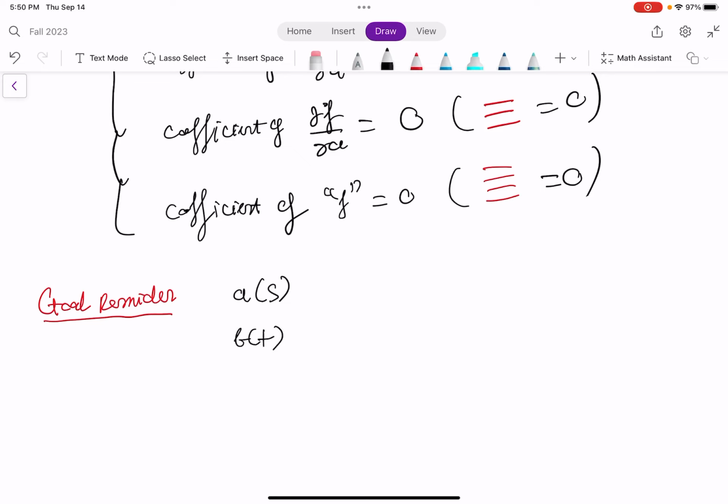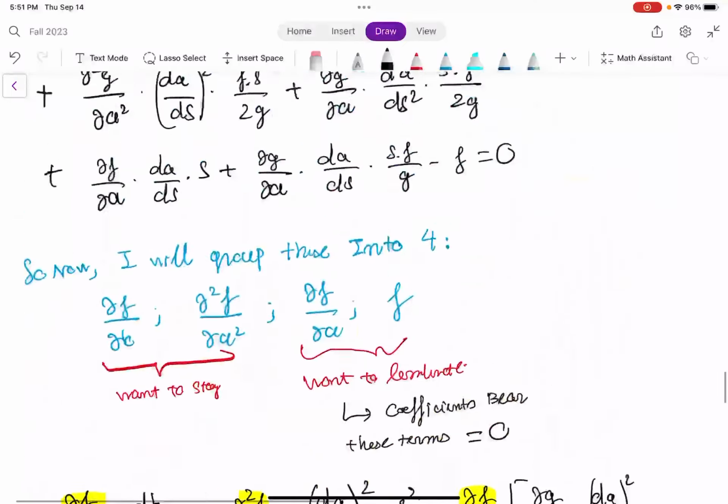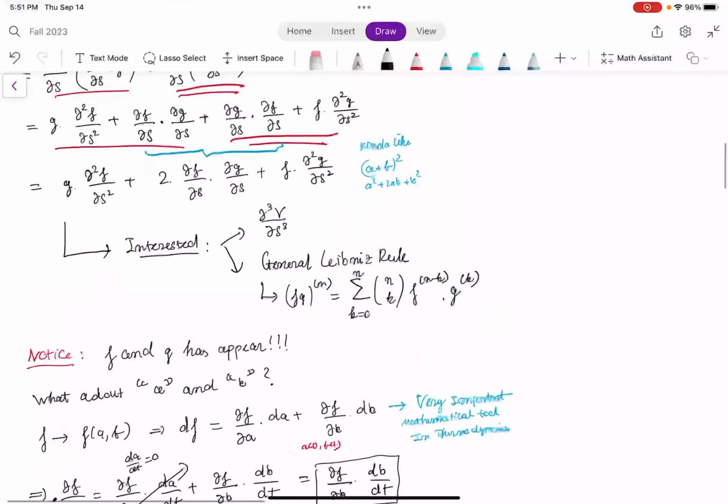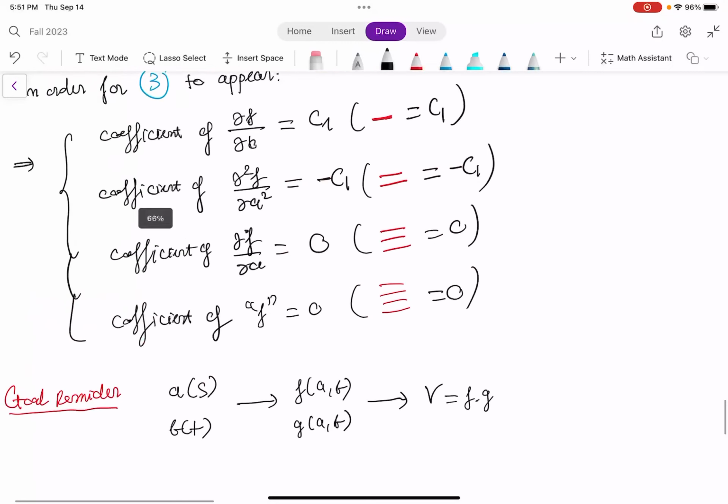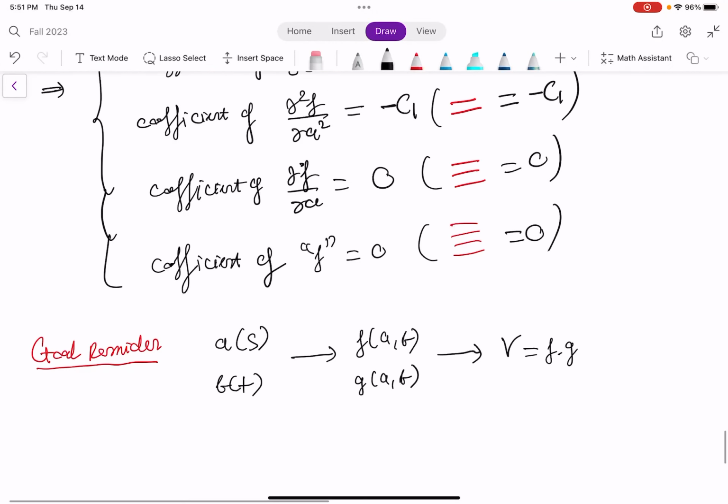And after that, you can find f as a function of a and b, and g as a function of a and b. After that, you can find your v, okay? Because v is just f times g, okay? So a of s, b of t, just want to make sure. Yeah, a of s, b of t.